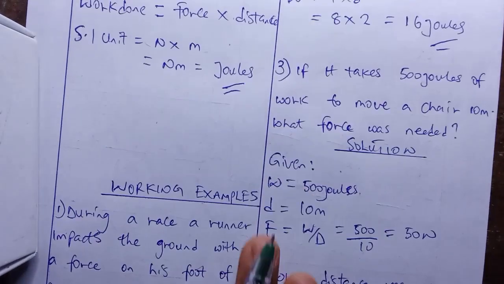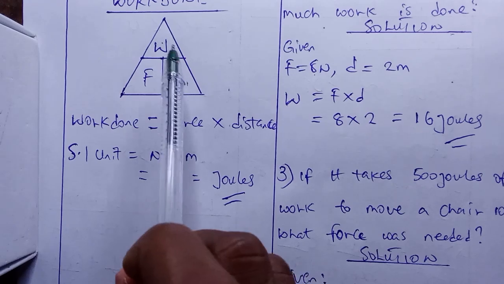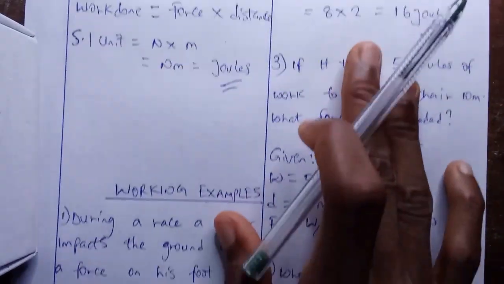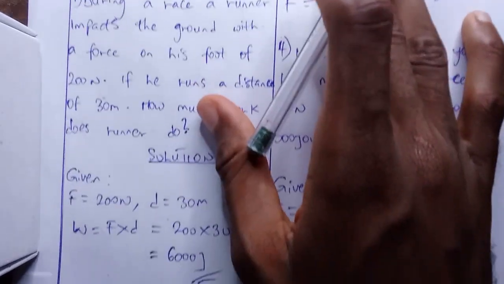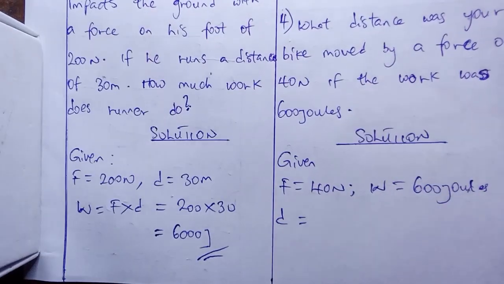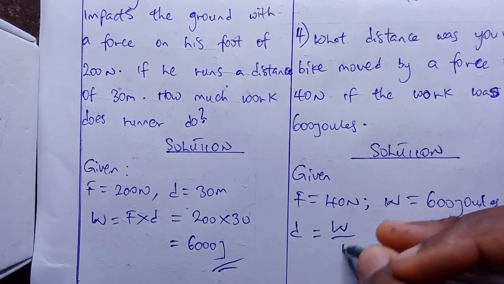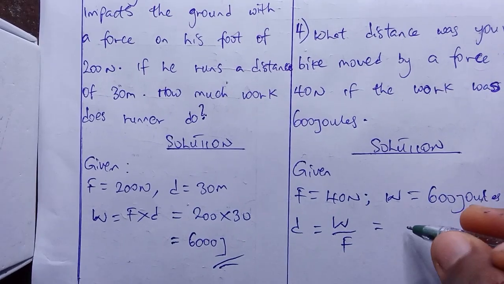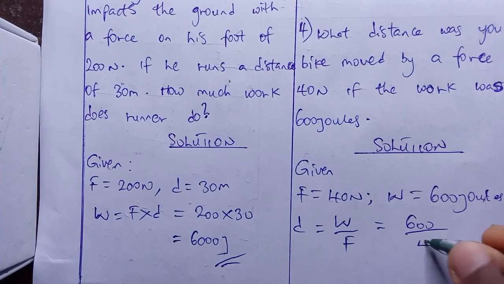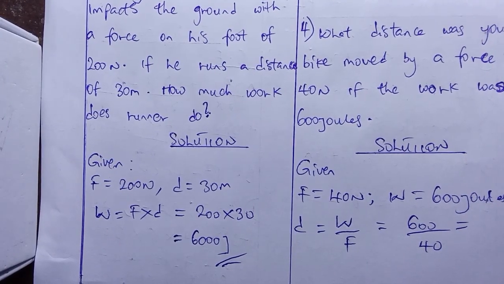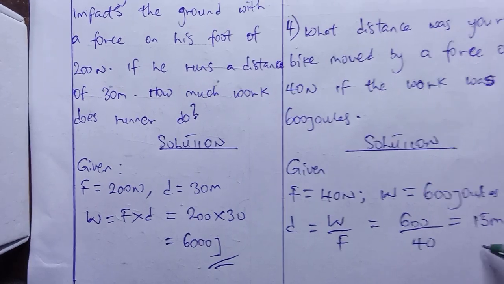From our triangle, distance is work done over force. So our distance is work done over force, which is 600 over 40, and we have 15 meters.